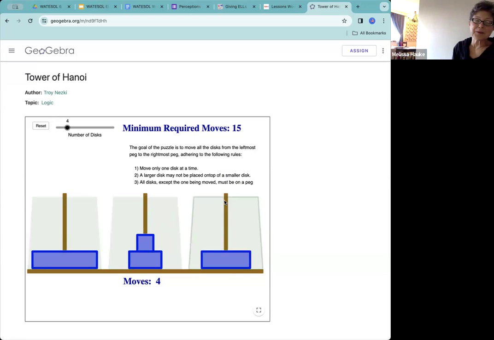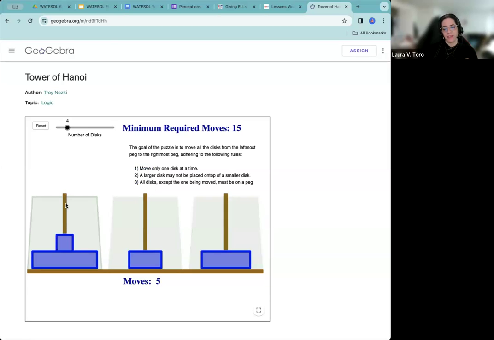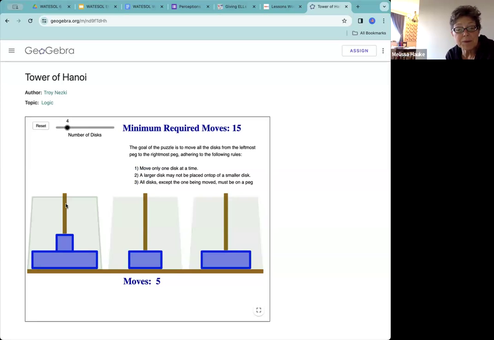Now is probably where it gets really complicated. Maybe the smallest one goes back to the left. But we have to get rid of the big one before. Right, because we're going to move the middle one to the right.